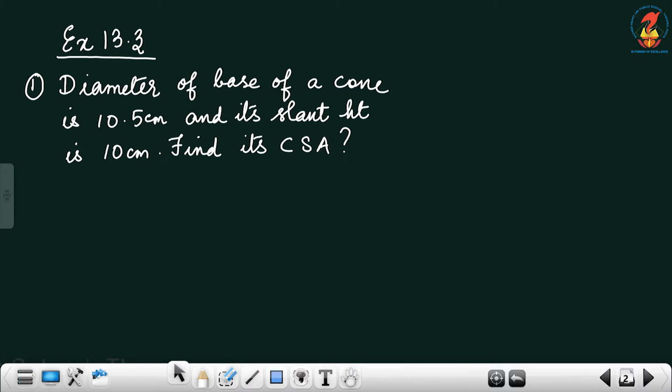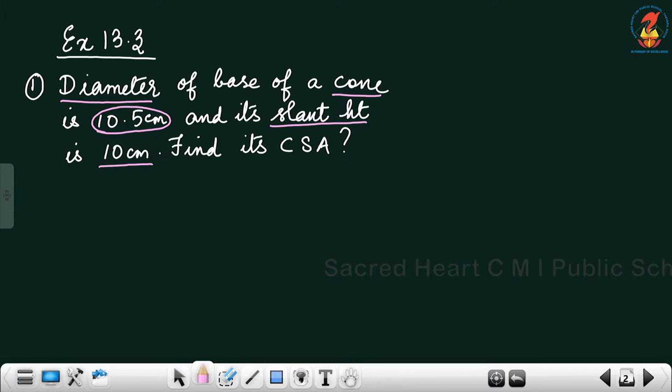Diameter of the base of a cone is 10.5 centimeter. Diameter of a cone is given to be 10.5 centimeter and its slant height is 10 centimeter. Find its CSA. So we will just write down what all things are given here.